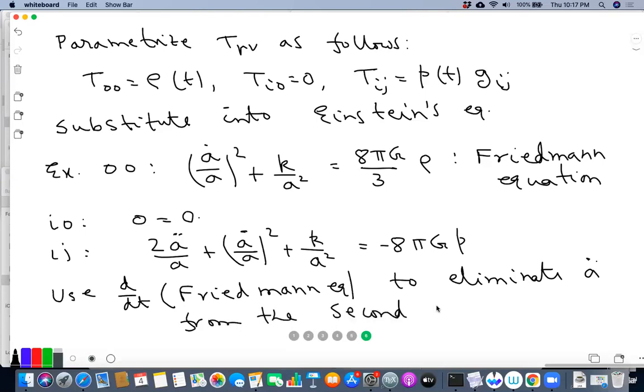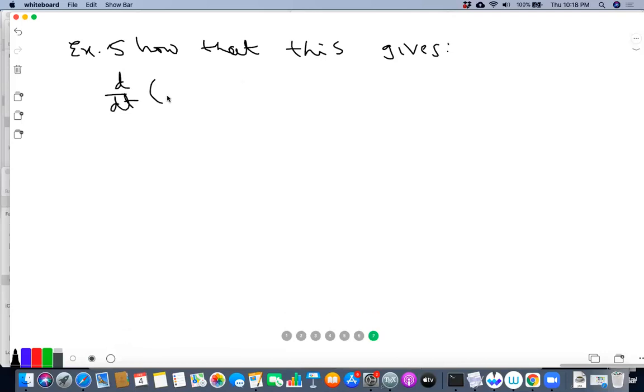And I'll give you the result. This is again a simple exercise. This gives the following equation: d/dt of (ρ a³) equals minus 3 a² ȧ times p.